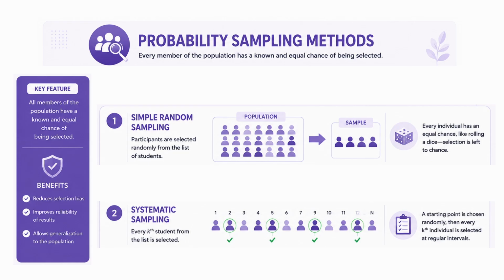Like that, you select the samples at a systematic interval. Every kth student from the list is selected, where k is the sampling interval. A starting point is chosen randomly, then every kth individual is selected at regular intervals. Systematic sampling and systematic random sampling can be applied to a homogeneous population so that bias is avoided.